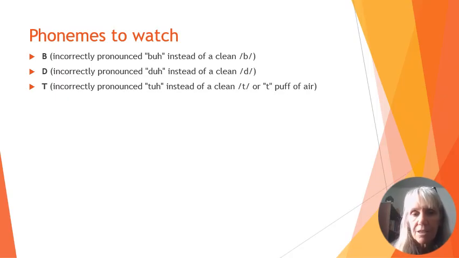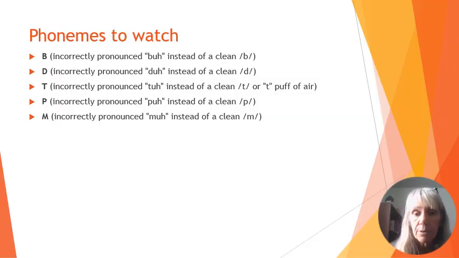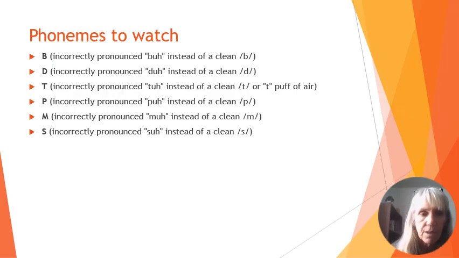T, we can correctly pronounce it as ta, instead of just saying t. P, we can correctly pronounce it as pa, instead of just saying p. M, incorrectly pronounced as ma, instead of just m. It's like a moo without the oo on the end of it.